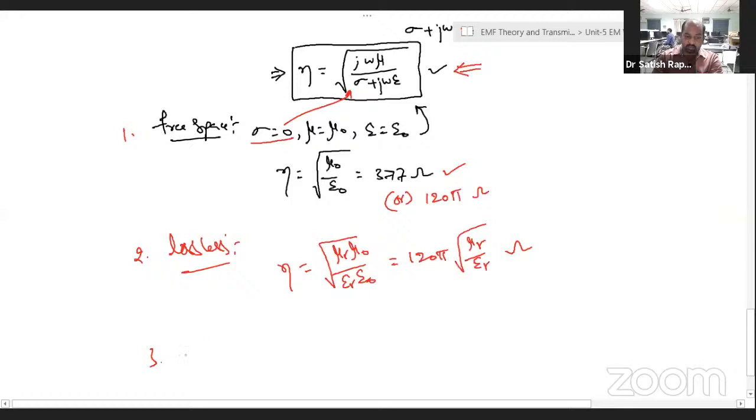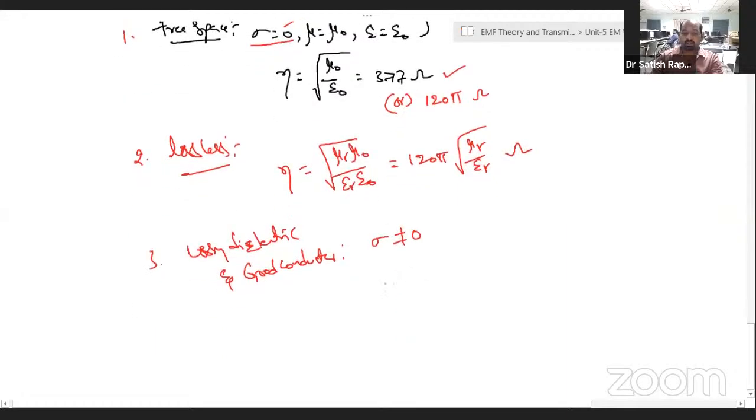And similarly, the third one, for a lossy dielectric media and a good conductor, where sigma is not equal to 0, intrinsic impedance is equal to root over j omega mu by sigma plus j omega epsilon.